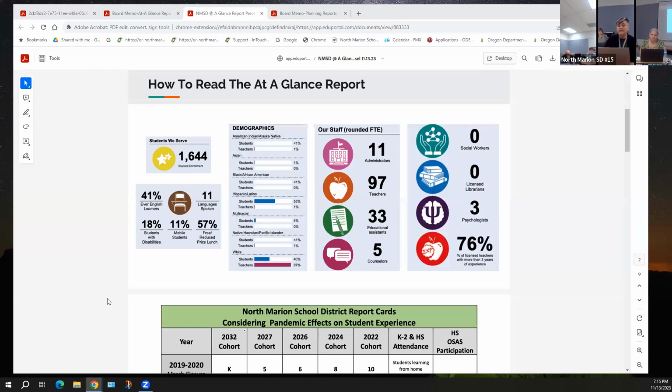Then you also see the demographics, the overall picture of our demographic makeup of the district, and that information is both for teachers and for students. So we get to see the percentages of our different demographic groups. And then on the back page, you get a snapshot of how many administrators, how many overall teachers we have, educational assistants, counselors, social workers, school psychologists, and then the percentage of teachers who have been in the district for more than 3 years.